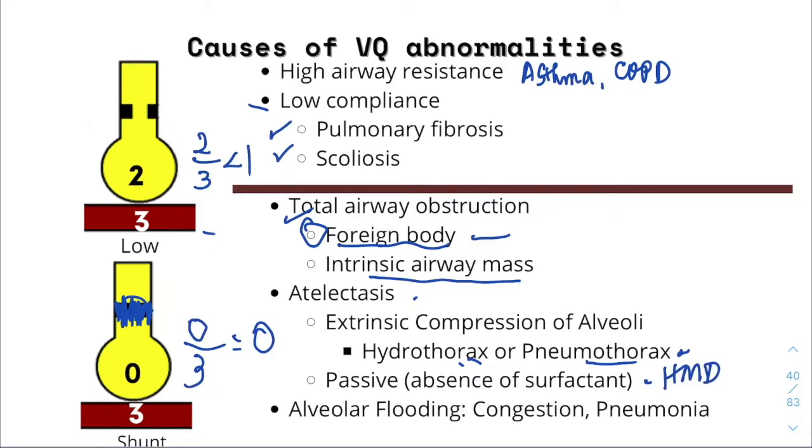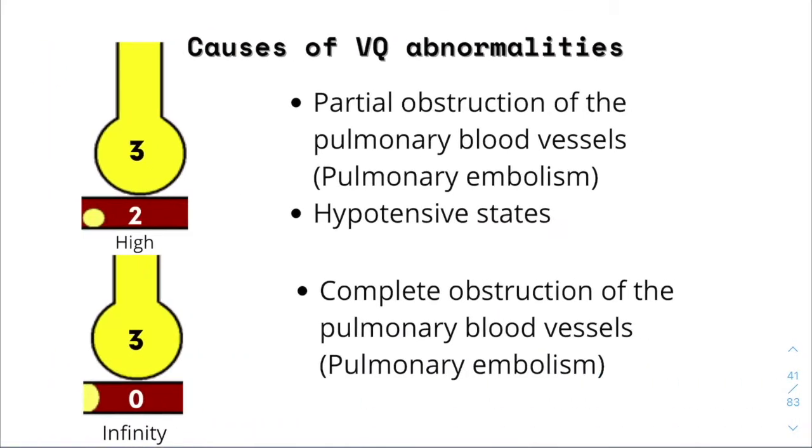Okay, ARDS. Alveolar flooding, like in patients with congestion or pneumonia. They can totally occlude the alveoli and cause a shunt or a 0 VQ. Okay, what are the causes of a high VQ or infinity?